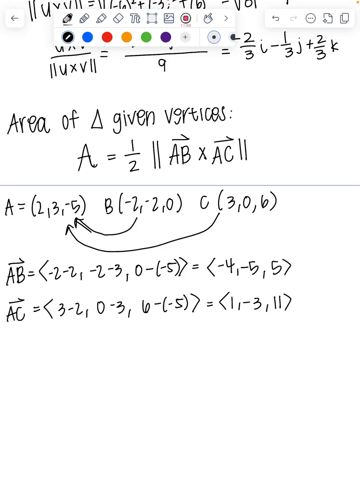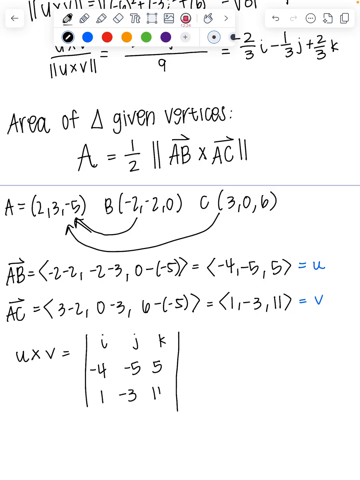So let's just, for the sake of things, call this U and call this V. So I'm going to find U cross product V. Well, I have I, J, K, I have -4, -5, 5, 1, -3, 11.